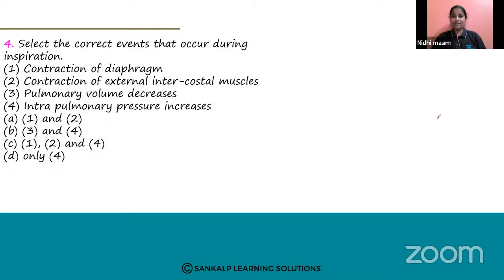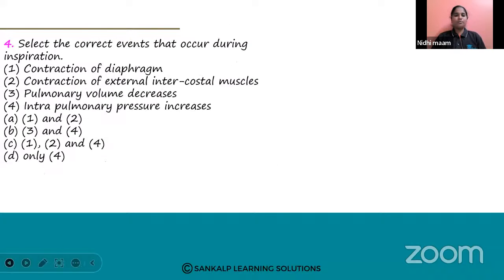Select the correct events that occur during inspiration. Contraction of diaphragm, okay. Option D, Hema answered it, fine. What about others? Tejaswini, fine. So let us check the answer here.